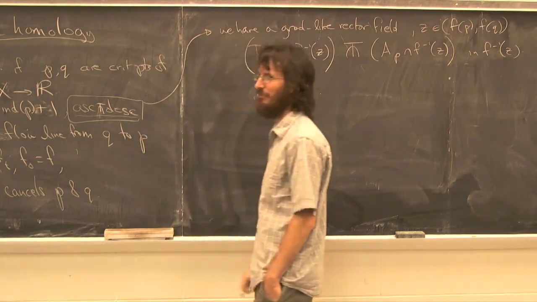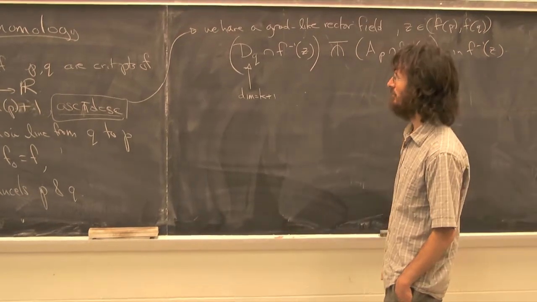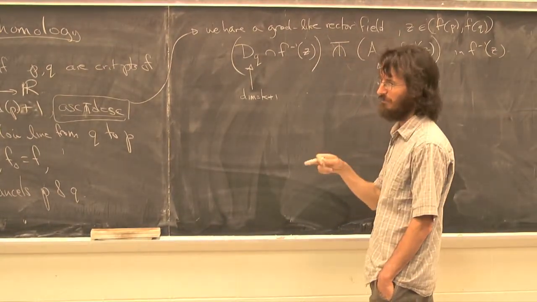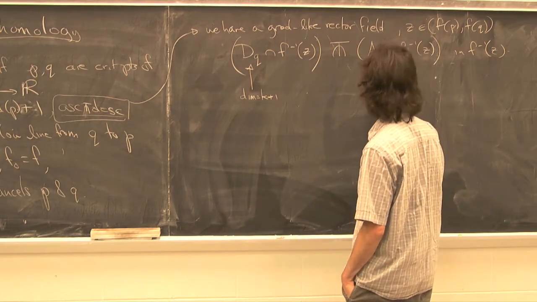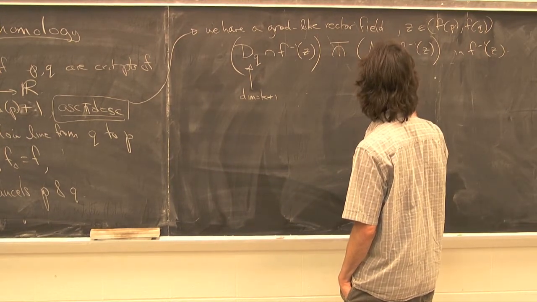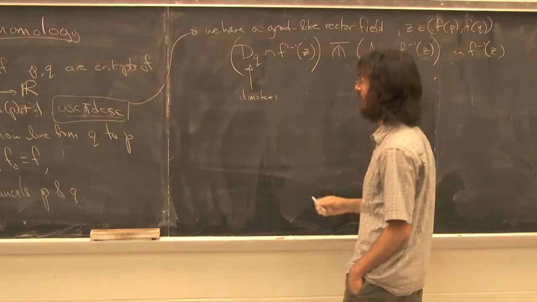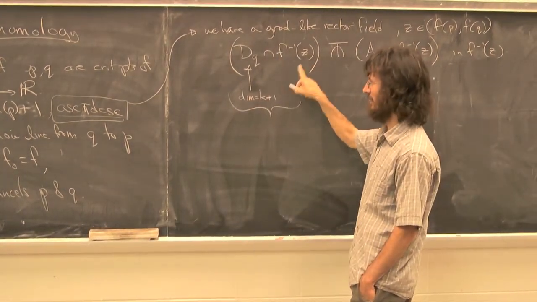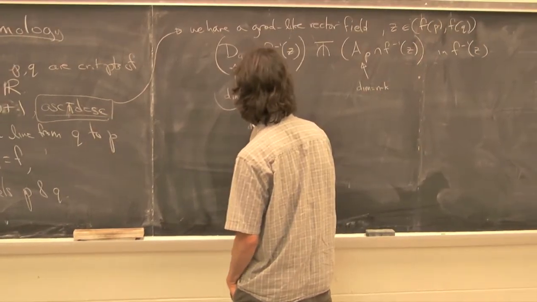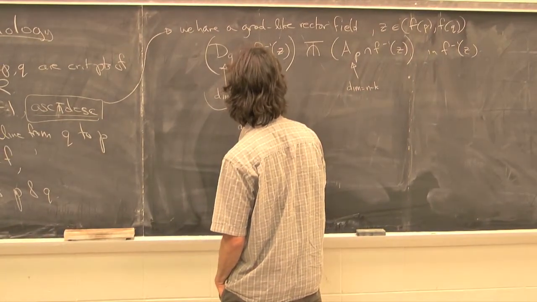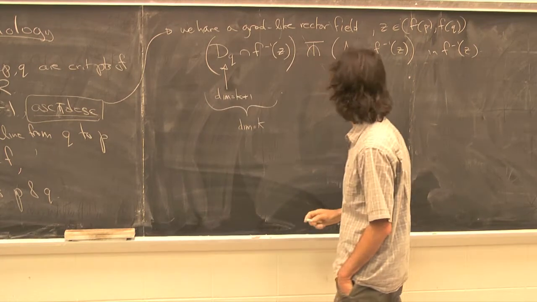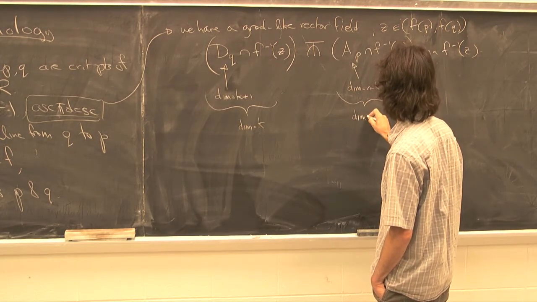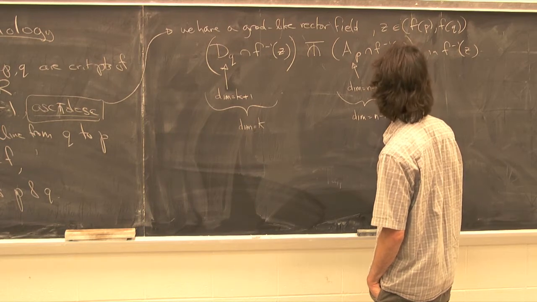The ascending manifold for P has complementary dimension, so it's n minus k. Now we intersect with this codimension 1 level set, so we cut the dimension down, and this gives dimension k. And the ascending manifold intersected with the level set gives dimension n minus k minus 1.